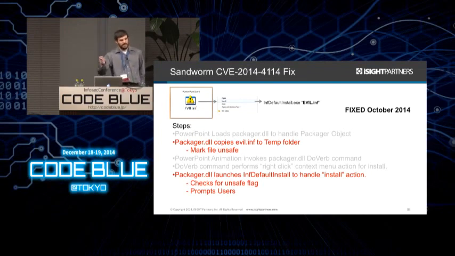So later on in this chain of events, when the INF default install program starts up, one of its jobs is to say, hey, I need to make sure that any INF files that I'm going to be handling are safe. So by default it checks, is there an unsafe flag set on that INF file? In this case, there is an unsafe flag, and therefore it's going to prompt the user.